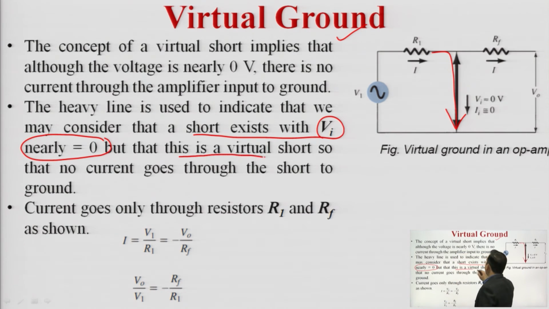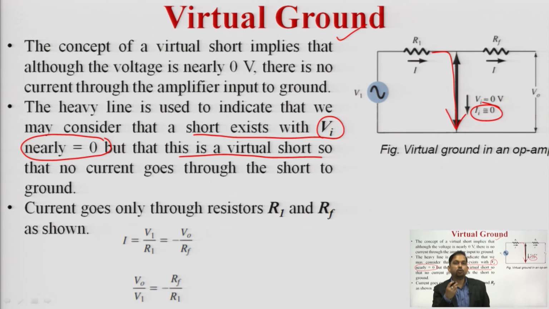But this is virtual, means if the current is 0, we can assume that both the potentials are the same. The potential at both the nodes is the same, that is why the current is 0, and the second terminal was connected to ground. So naturally the other terminal is also equal to 0.